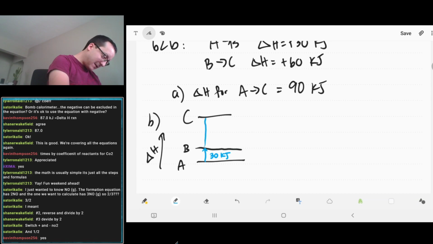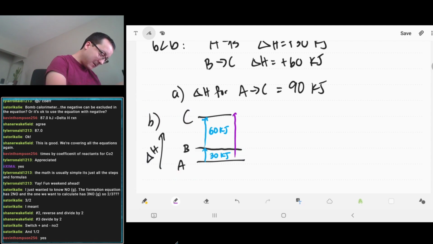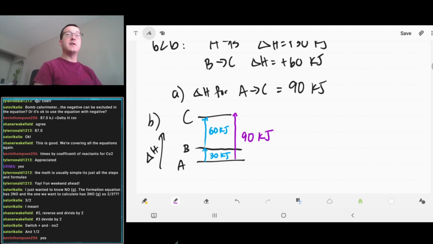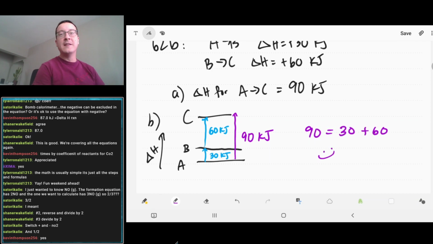To go from B to C was 60 kilojoules. Or to go from A to C directly is going to be 90 kilojoules. So this is what your diagram would look like. It's just as simple as that. And so to show that Hess's law applies, you would say, okay, well, 90 equals 30 plus 60. Yay. Good.